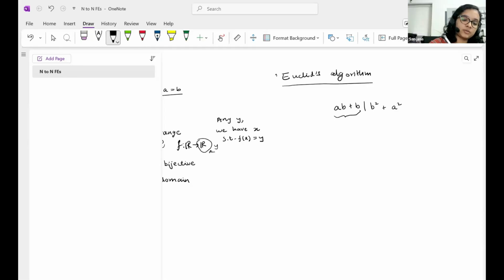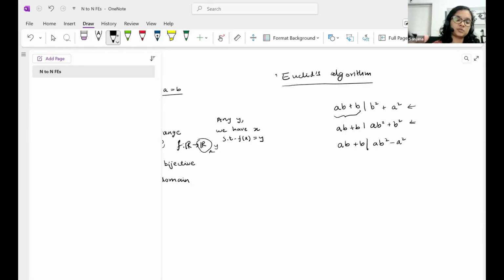Because, for example, we also know that AB plus B divides AB squared plus B squared, right? You're just multiplying it by B. So if it divides both of these things, I can just subtract them and it must divide the result as well. So if I subtract the first one from the second one, then I get AB plus B divides AB square minus A square. So this is some new information which I get.